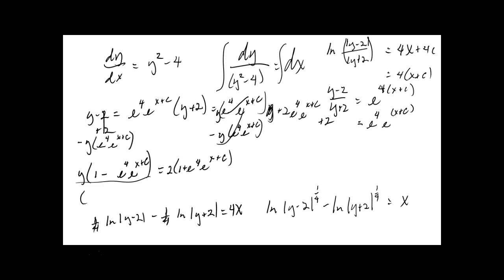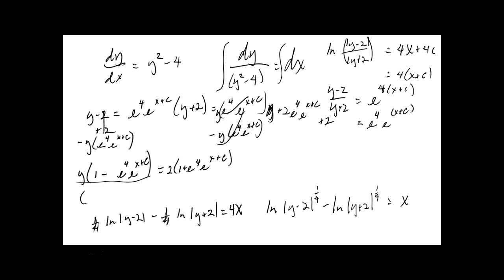Why does it become a 1? Because you had a y minus y times this. So you factor out a y, and you're left with 1 minus this thing here. Just like we factored out the 2 here and were left with this plus 1. It's magic. To answer your question, it was magic.